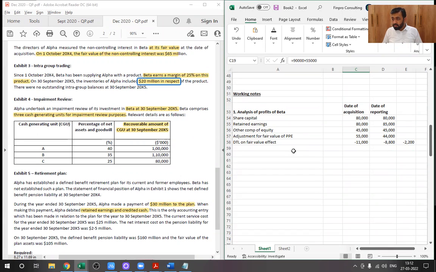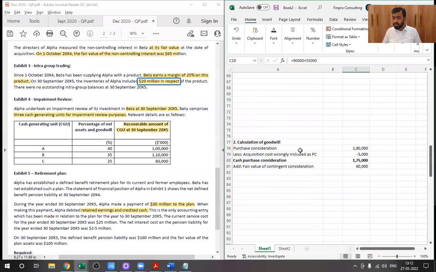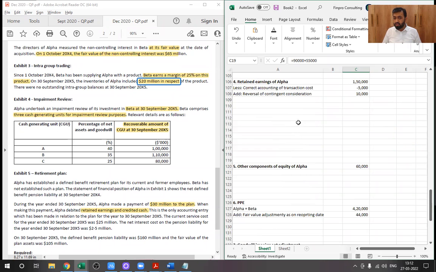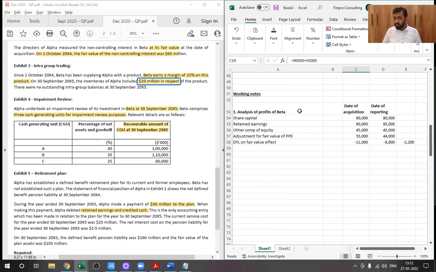At the date of reporting, retained earnings, sorry. Retained earnings, but this retained earnings, I've clearly mentioned it is of Alpha. No, above working, in the analysis of profits of Beta. This is important for us. Beta profit are included here. So whatever is the distribution, we are doing it here. So less unrealized profit on inventory.